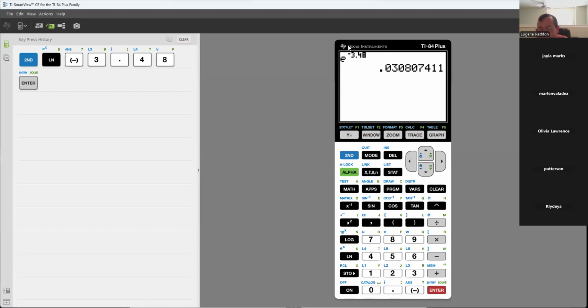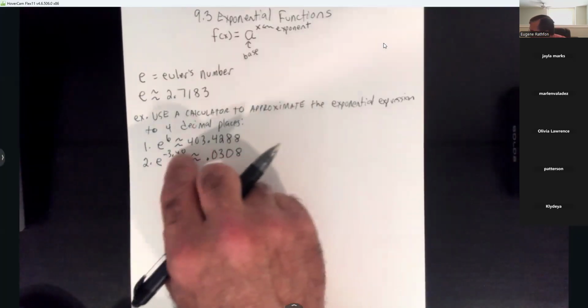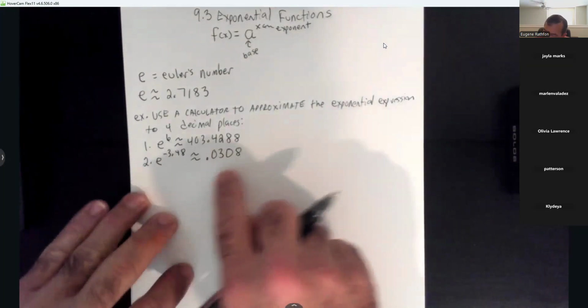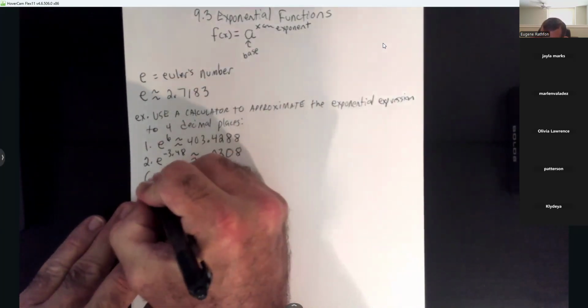So y'all, that's just what they wanted you to do with these first two problems, just sort of play with it and get familiar with that calculator and able to find the E on there, okay? So now let's look at graphing exponential functions.